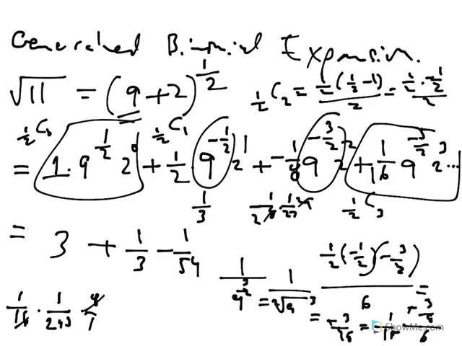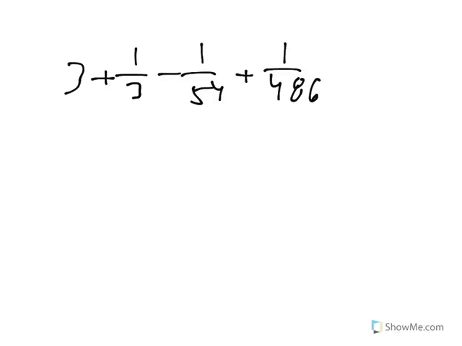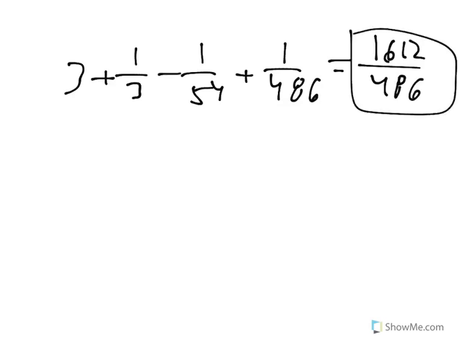And when I cancel that out, I end up with 1 over 486. And that's my last term. With common denominators, this comes to 1,612 over 486, which is a nice approximation.